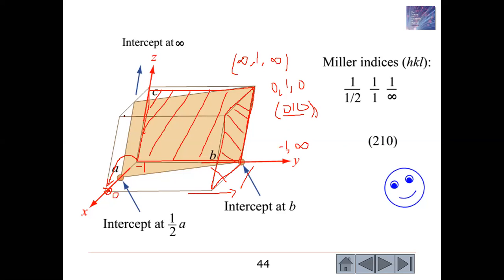And now this is your z because you have moved the origin. This plane is also parallel to z, so this is also infinity. Please take the reciprocal. So the 1, 0, 0 plane. Now we have -1, so put a bar over here. So (1 bar, 0, 0). Clear? Okay.